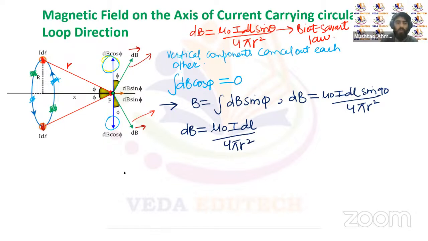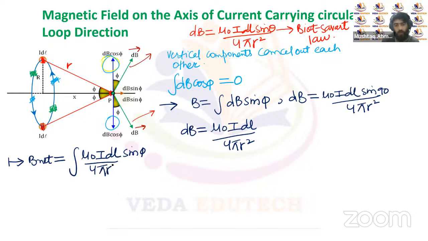Now we can substitute the value of dB in the above equation. We get B net, the net magnetic field, as the integral of mu naught I dl sine phi upon 4 pi r square.